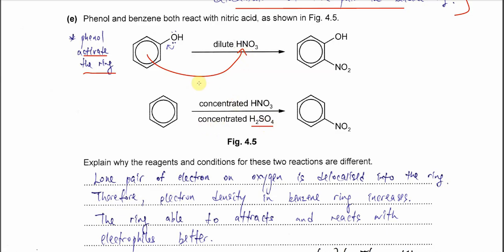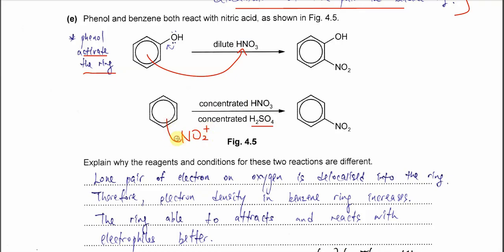So this is the difference between the phenol and benzene ring. You see, benzene ring itself, nothing to activate it. Therefore, it needs concentrated HNO3 and concentrated H2SO4 in order to form a more reactive or stronger electrophile, like this nitronium ion.